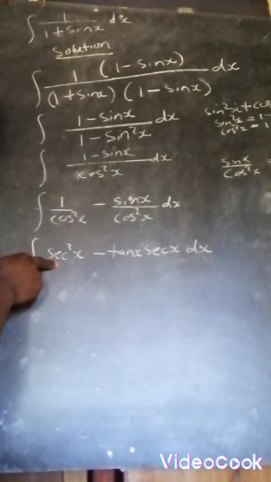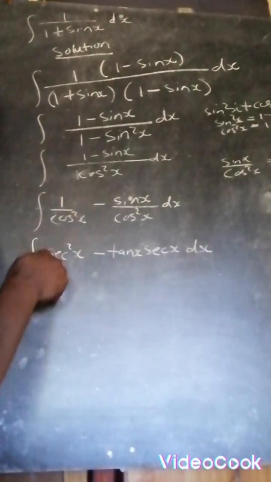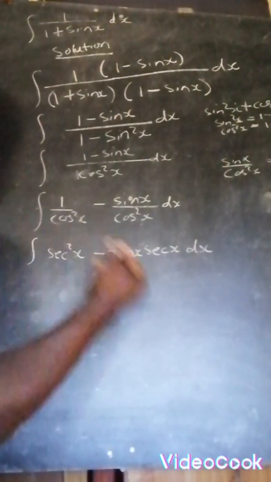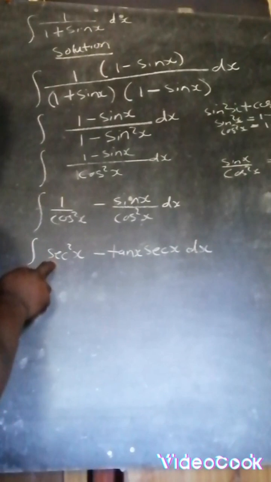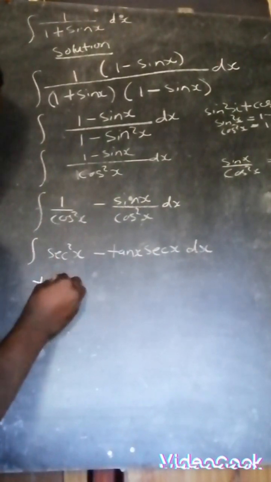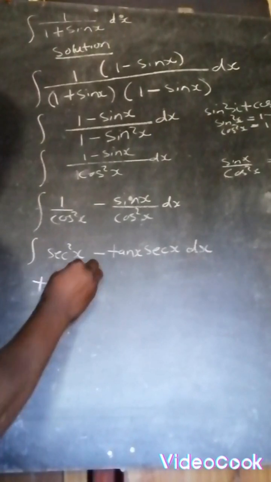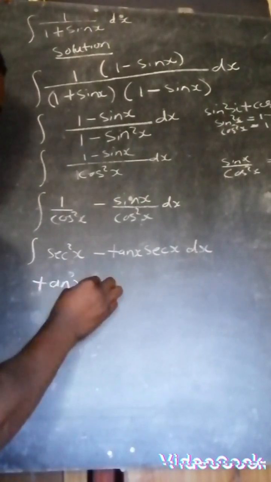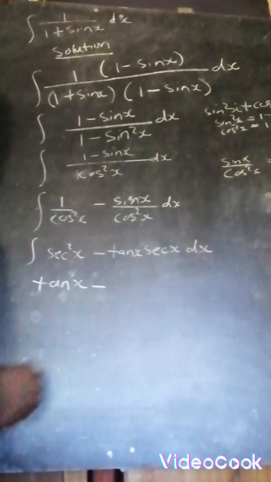So how do we get sec squared x? By differentiating tan x. So how do we go the reverse way? We have to integrate, and if we integrate, we get tan x. So here I have tan x, then minus.